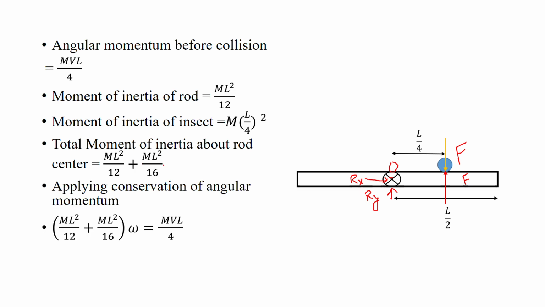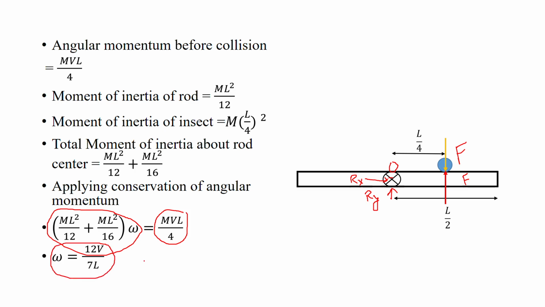And if after impact the system rotates with angular velocity omega, then this total moment of inertia into omega is the angular momentum after impact, and this value is the angular momentum before impact. So when we equate these two, we will obtain omega equals 12v by 7l. So this is the answer for the first part.